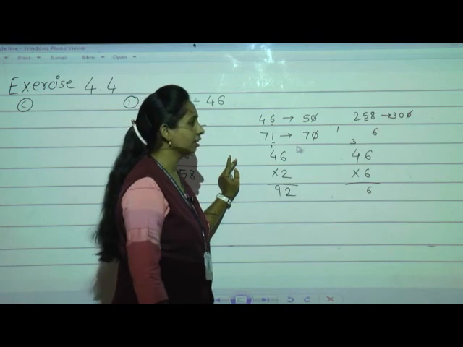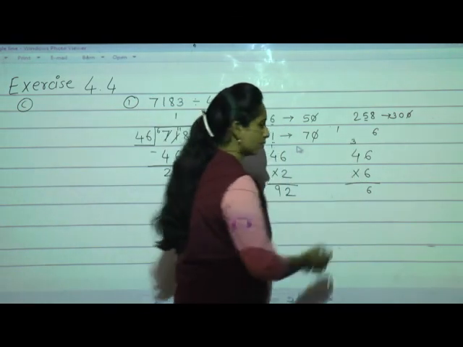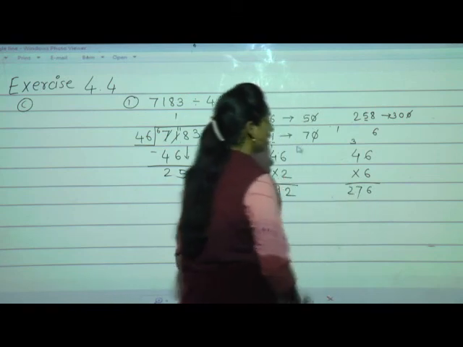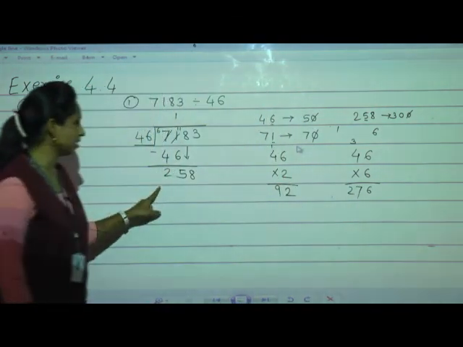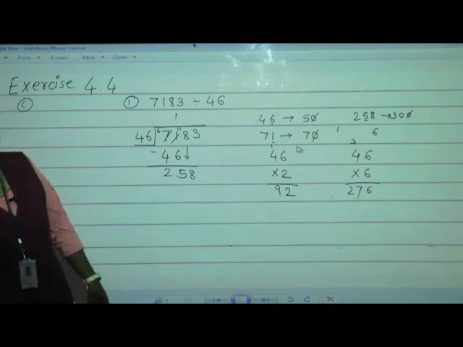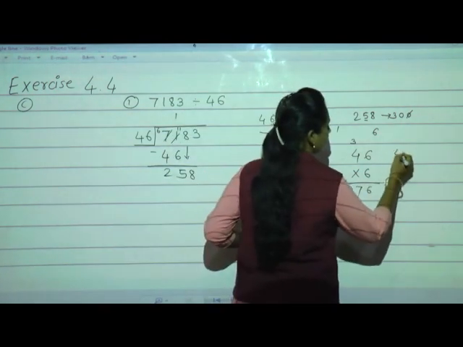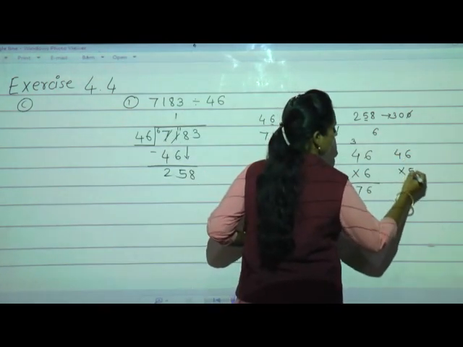6 4s are 24, 24 plus 3 is 27. Now see, will 276 go from 256? Yes, students? No. Now what will we do? We will take less than 6, that is 5.